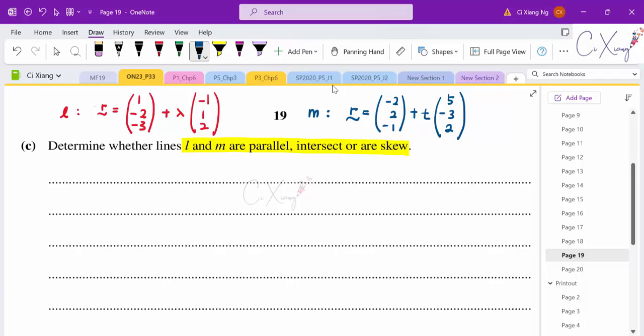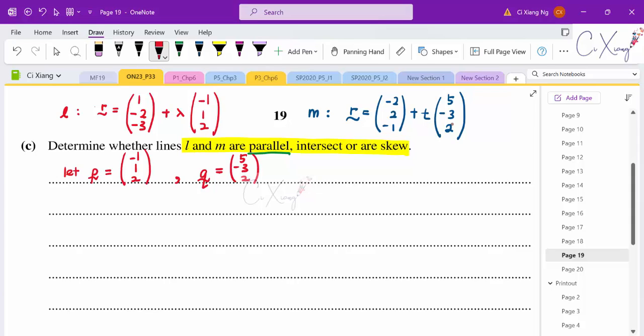Okay, so first, to check whether the line L and M are parallel or not. Now we are at the first stage. We want to decide whether they are parallel or not. Let us have a look at the direction of the line. The direction of the line L, like what I told you just now, should be negative 1, 1, and also 2. Then the direction of the line M, I will make it vector Q. So Q is 5, negative 3, and also 2.